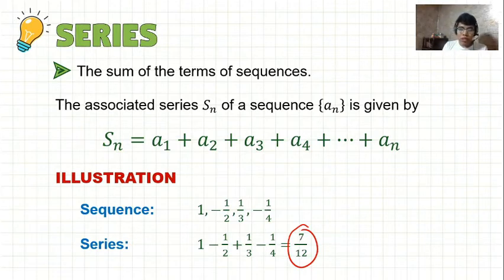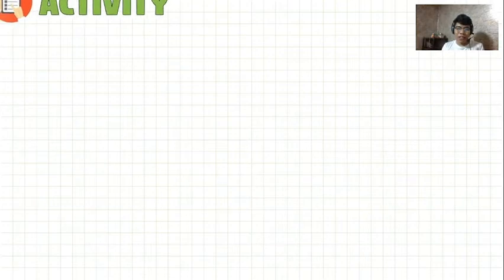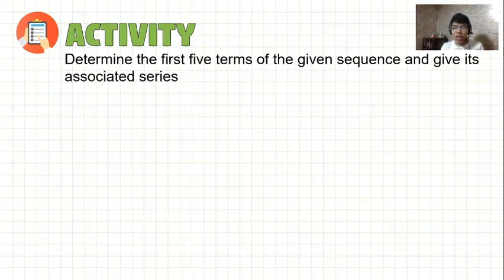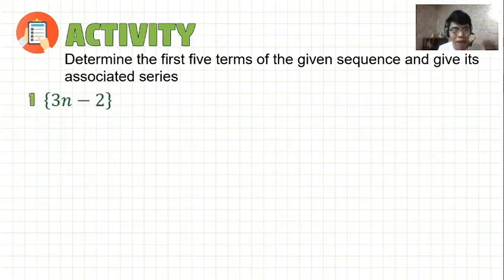Okay, now suppose let's have this activity para mas maintindihan itong sequence and series. So what we're going to do is to determine the first 5 terms of the given sequence and give its associated series. Okay, so suppose for number 1, we have the sequence defined by 3n minus 2.